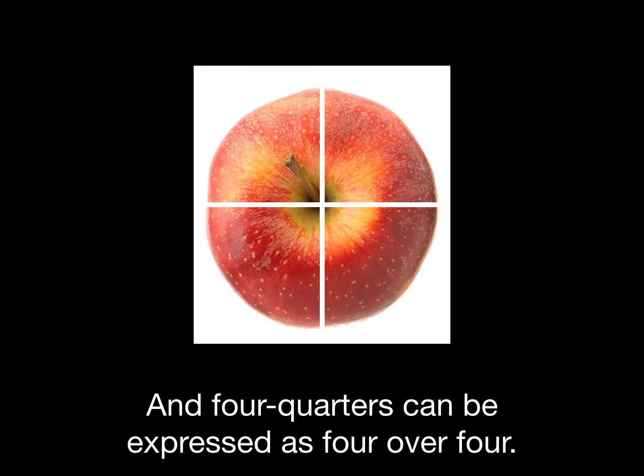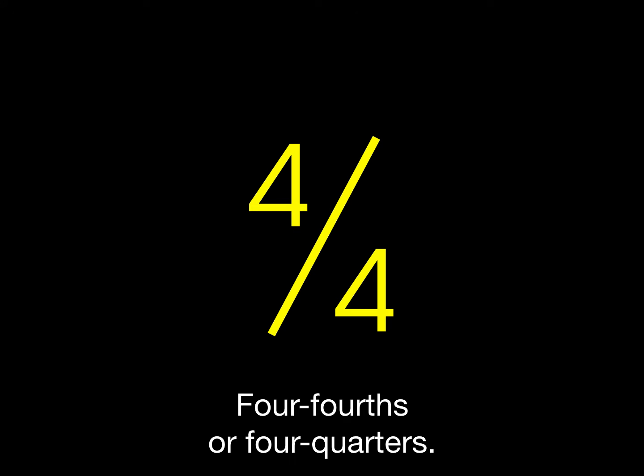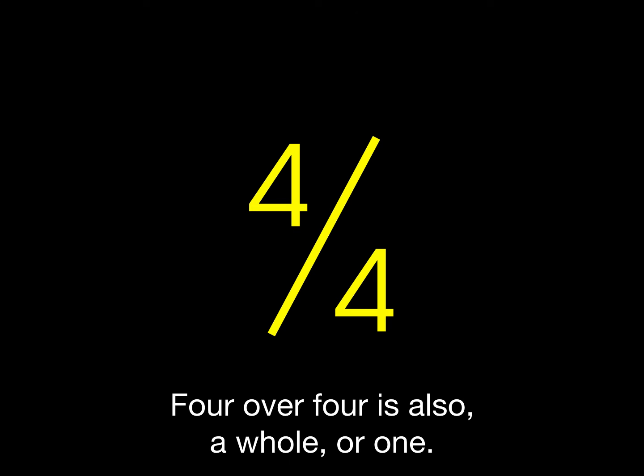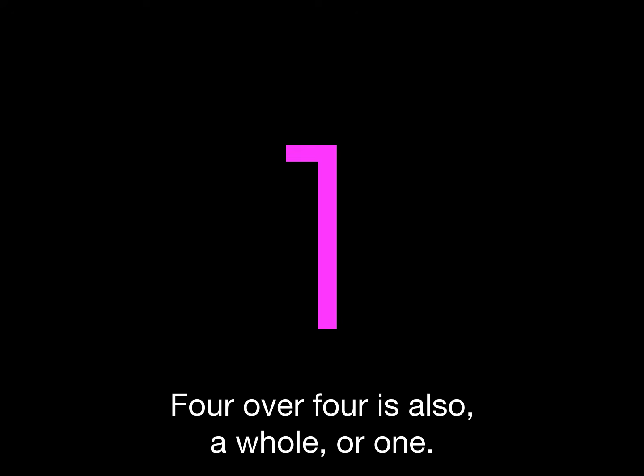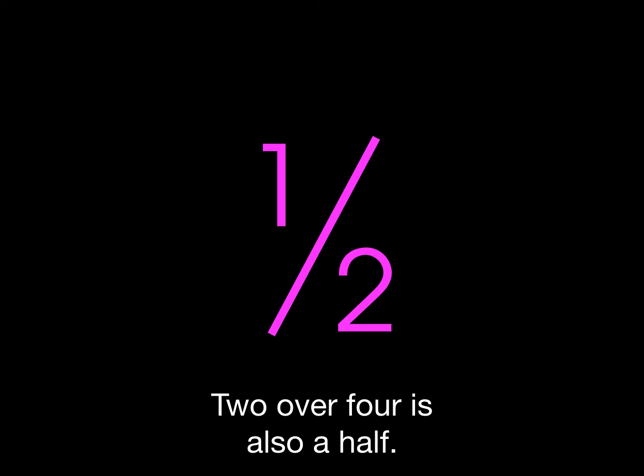And 4 quarters can be expressed as 4 over 4. 4/4 or 4 quarters. 4 over 4 is also a whole, or 1. 2 over 4 is also a half.